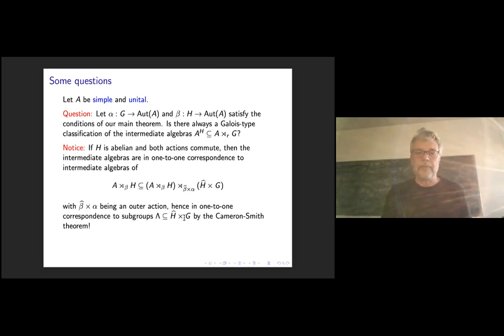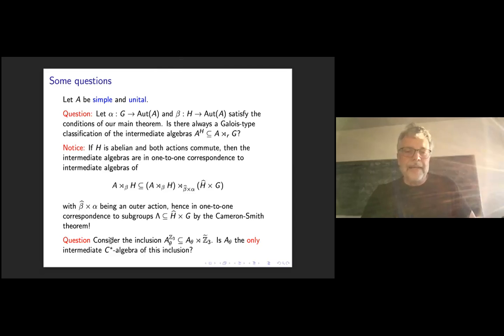But this is, of course, a very, very restrictive assumption. And there's one interesting example here. If we take the irreducible inclusion of A theta Z3 into the cross product of A theta with this conjugate of Z3, then the only obvious intermediate algebra is A theta.